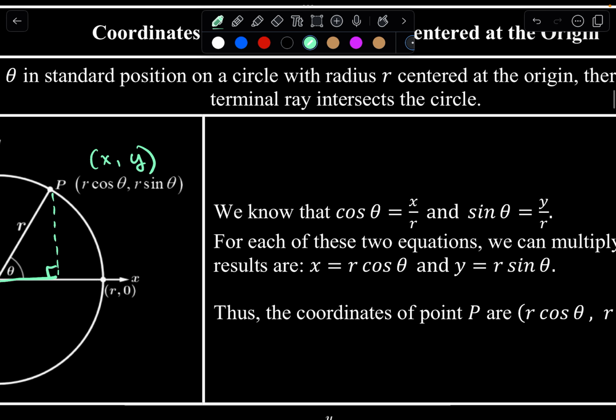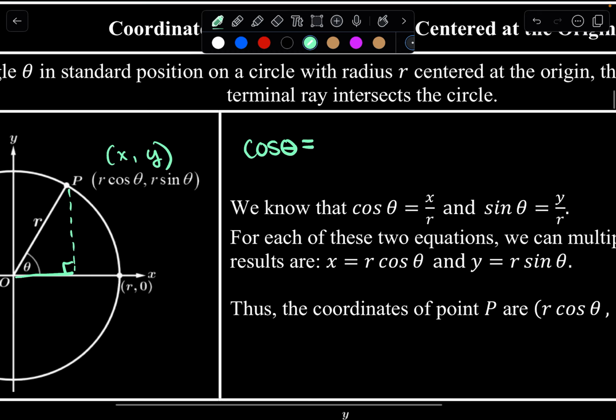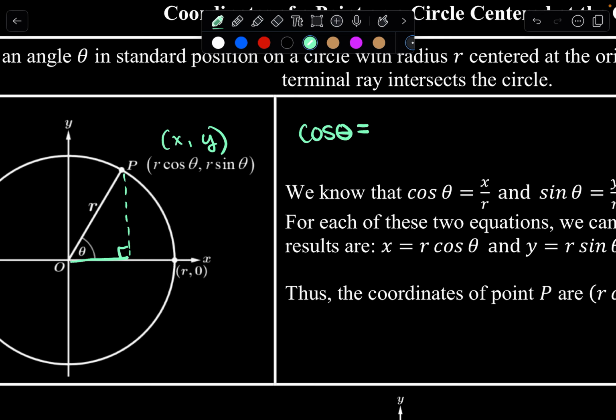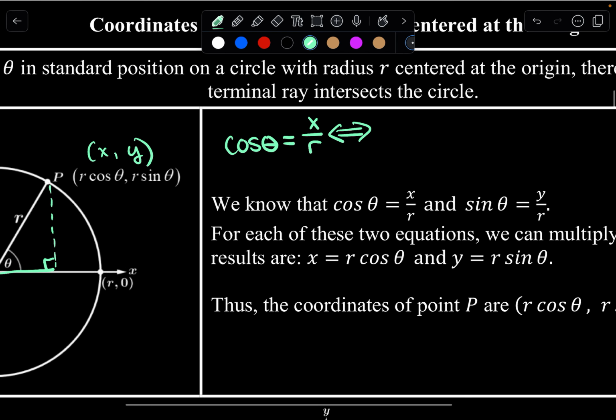So if I think about cosine theta, SOHCAHTOA, cosine is going to be adjacent over hypotenuse, which is going to be x over r. Now, if I were to rewrite this so I could isolate x, I now have x is equal to r cosine theta. We've been doing this, but since r is always equal to 1 with our unit circle, we don't notate it.